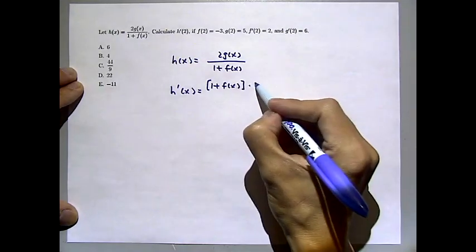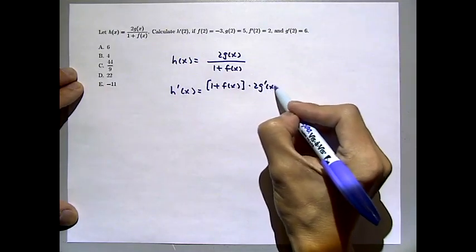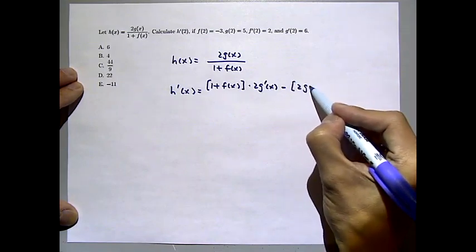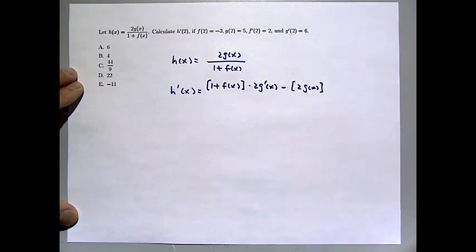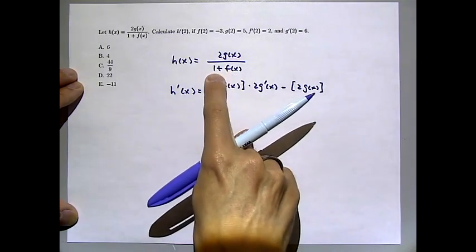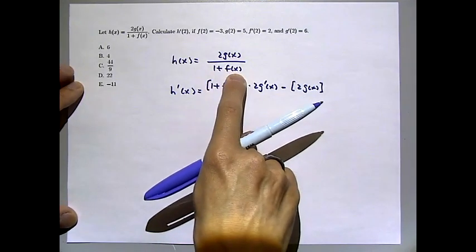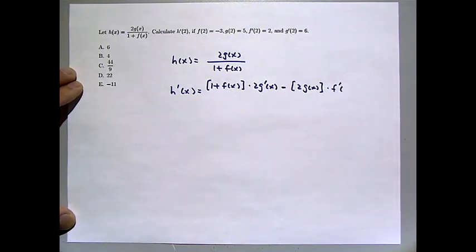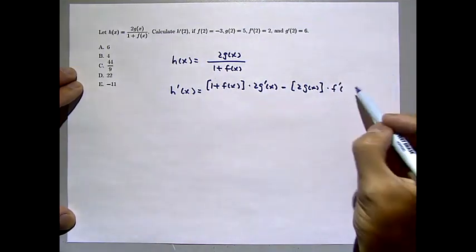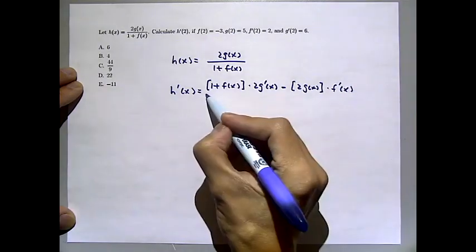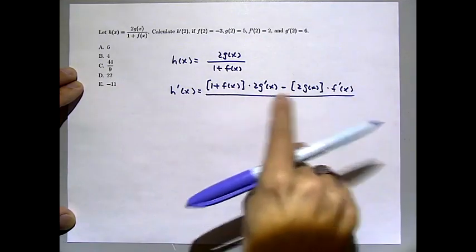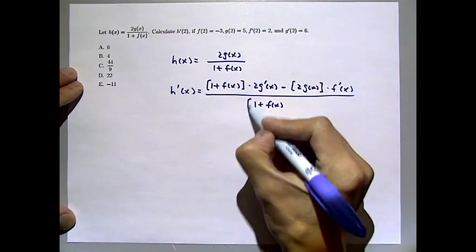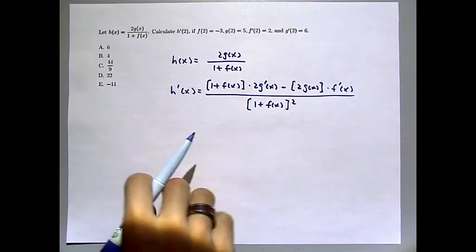So low d high minus high d low, the derivative of downstairs. 1 has no derivative. f has a derivative that's equal to f prime. Low d high minus high d low over low squared, the whole thing squared, right?